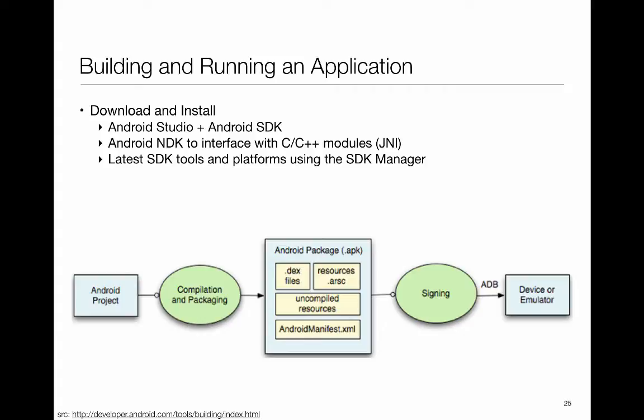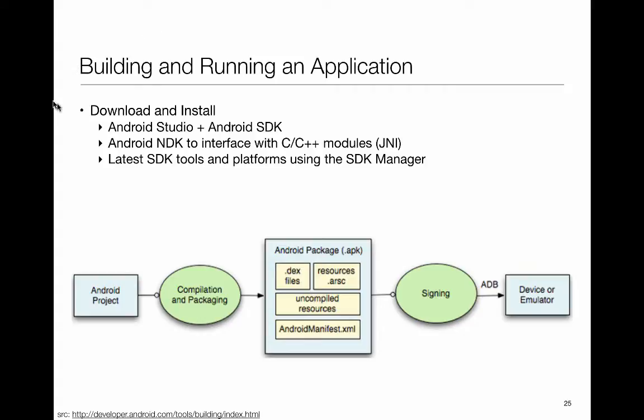And if you want to have some native modules in C or C++ to interact with your Android app, you also need the Android NDK, which is the native development kit. After you have downloaded the SDK, you have to update to the latest SDK tools and platforms. By platform, I mean all these API levels I showed in the earlier table. Each API level corresponds to a set of SDK libraries, and you have to download them using the SDK Manager inside of Android Studio.